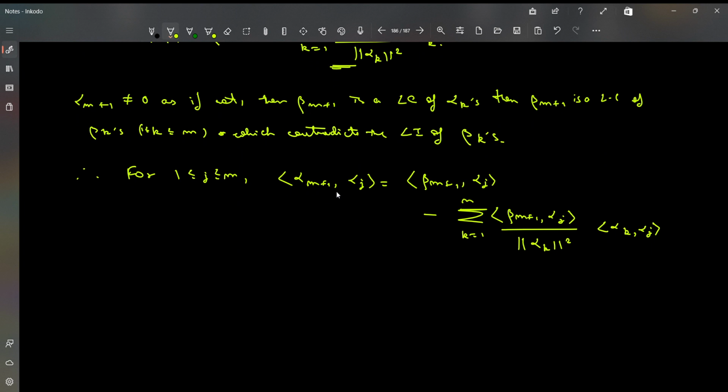But we already know that this collection alpha j is orthogonal. That's by our induction hypothesis.